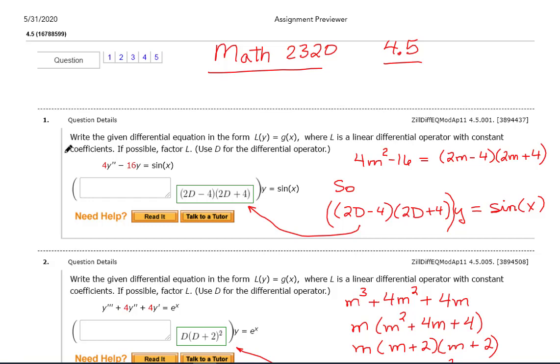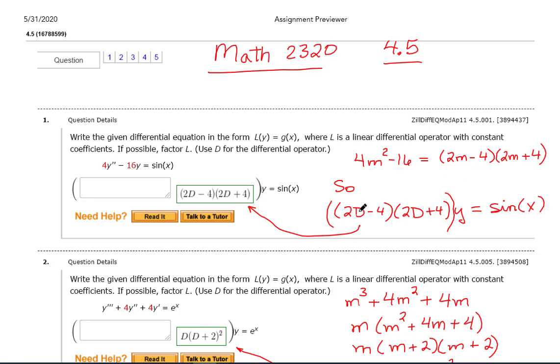So all this means is you look at your left-hand side here, our second order constant coefficient equation, and you could think of this as 4m squared minus 16, which is factorable into 2m minus 4 times m plus 4.